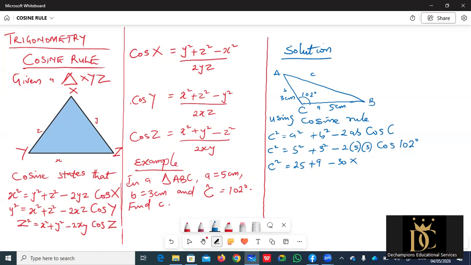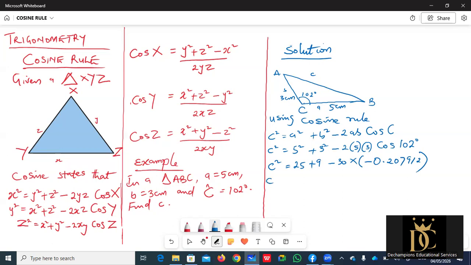From our calculator, cos 102 gives us minus 0.207912. Please give your answer in at least 4 decimal places. Let your value be in at least 4 decimal places.